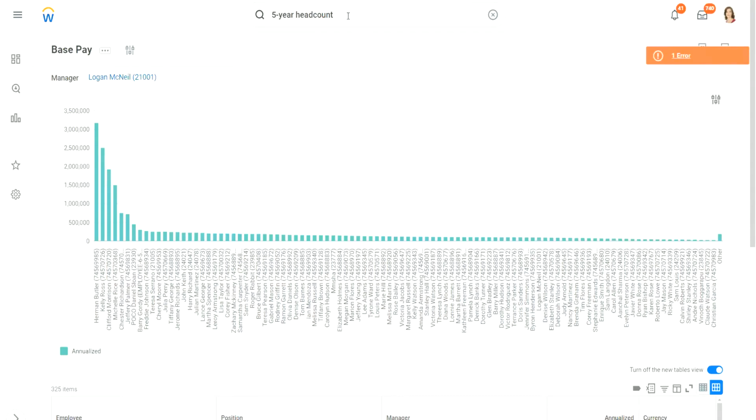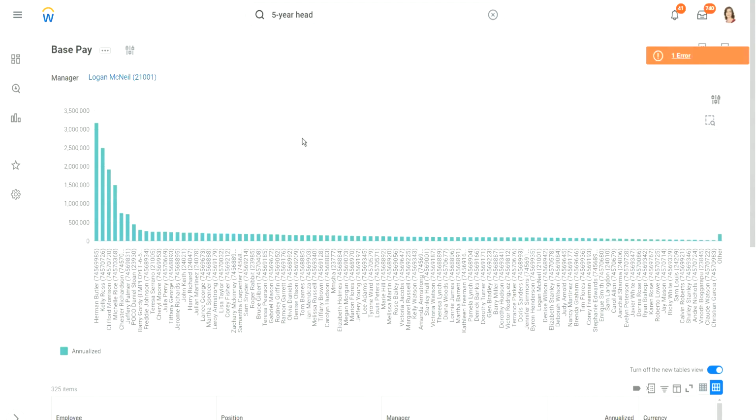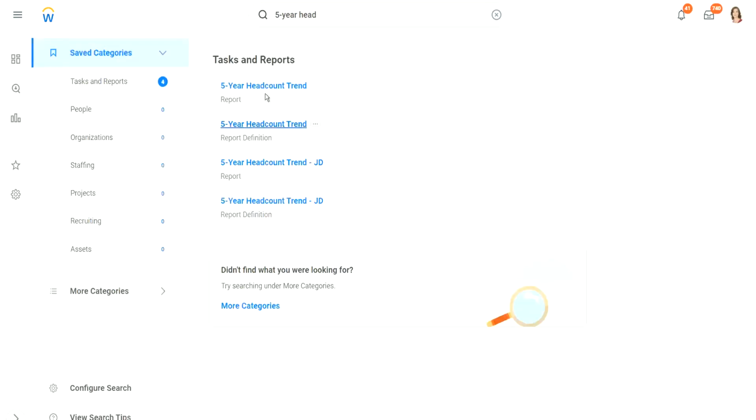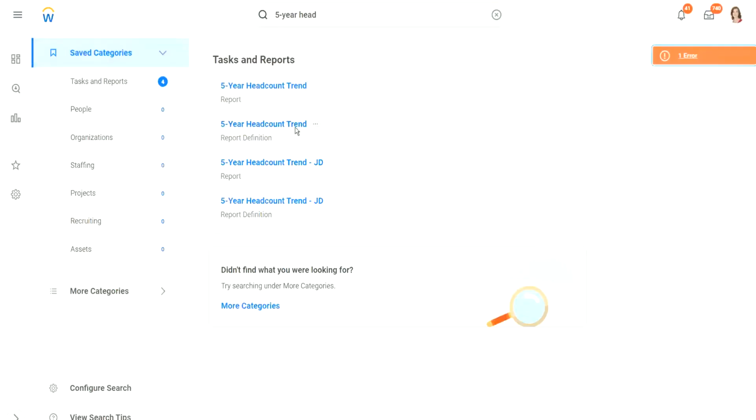Look at this particular report. So let's search for it first. If we search for it, sometimes it doesn't run automatically, especially in this particular tenant. We run it again. Okay, what is the problem? Okay, alright, no problem. Let me open the report definition.